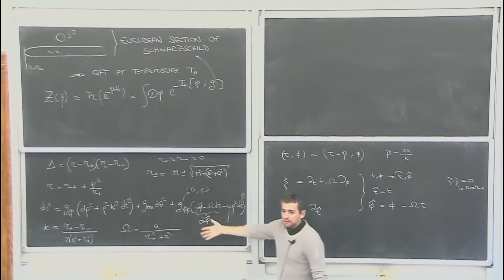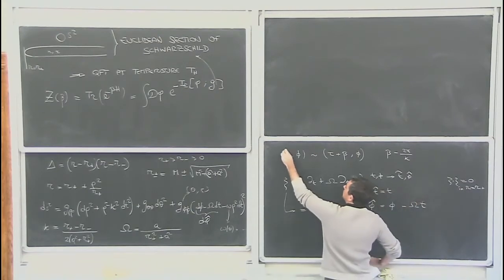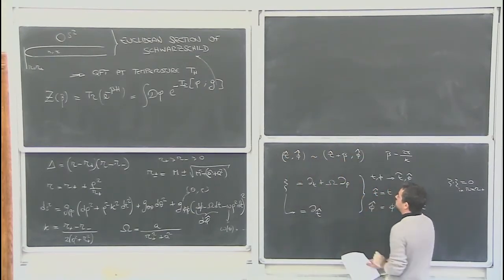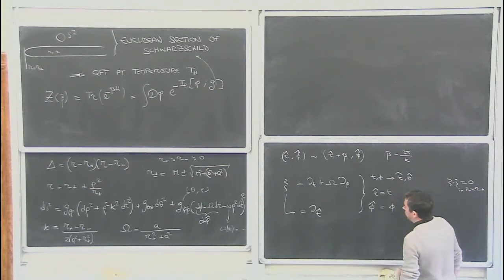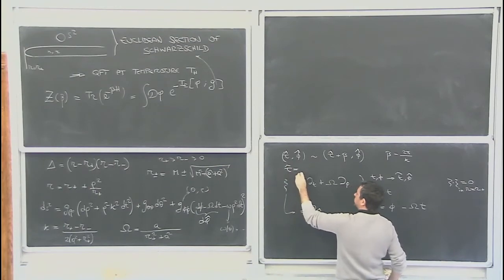I just put a hat there, the change of coordinate is t is t hat, and I can do the identification. So the correct identification is tau hat, phi hat identified in this way, where tau hat is, just for clarity, i times t hat.